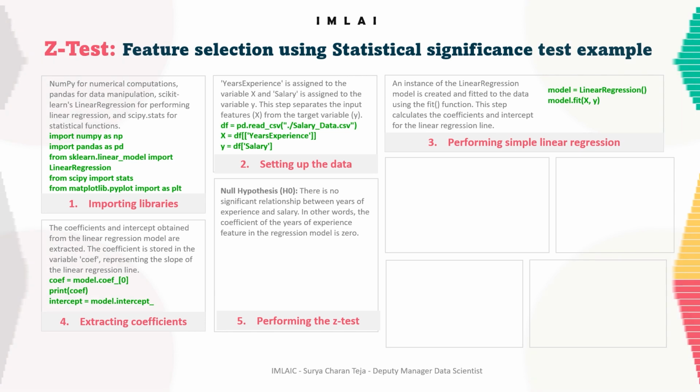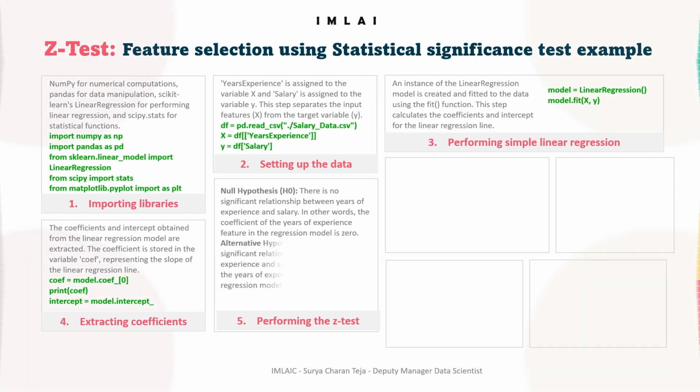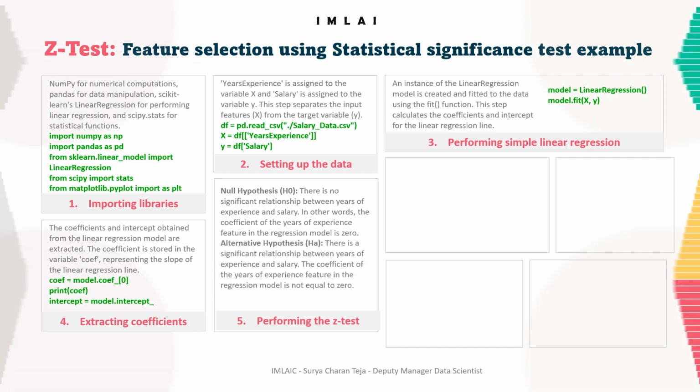In other words, the coefficient of the years of experience feature in the regression model is 0. Obviously, the alternative hypothesis is that there is a significant relationship between years of experience and salary, so the coefficient of the years of experience feature in the regression model is not equal to 0.